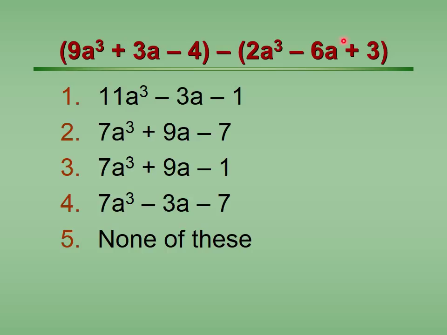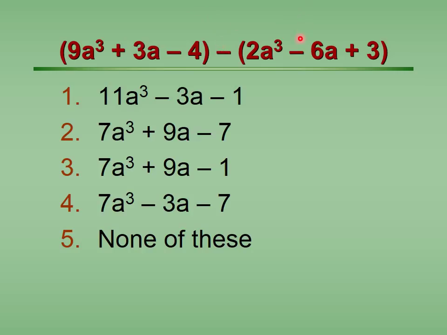So if you have 9a cubed and you want to combine something with 9a cubed, you need a term that has the variable a with an exponent of 3. Before you can do that, however, you have to distribute this subtraction to eliminate the parentheses. So it becomes negative 2a cubed plus 6a and negative 3.